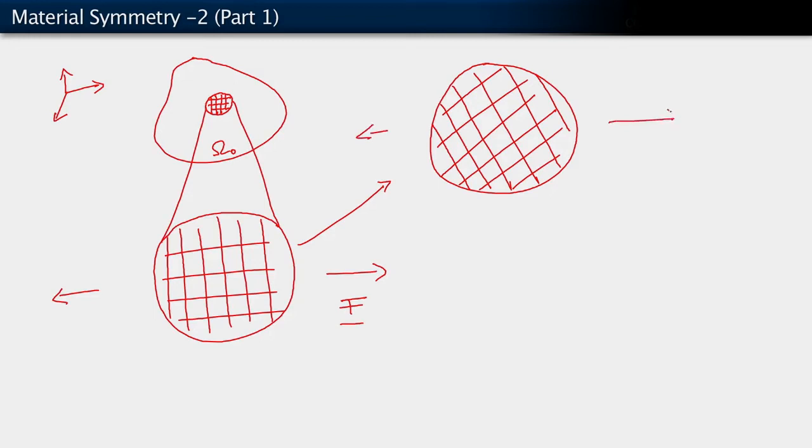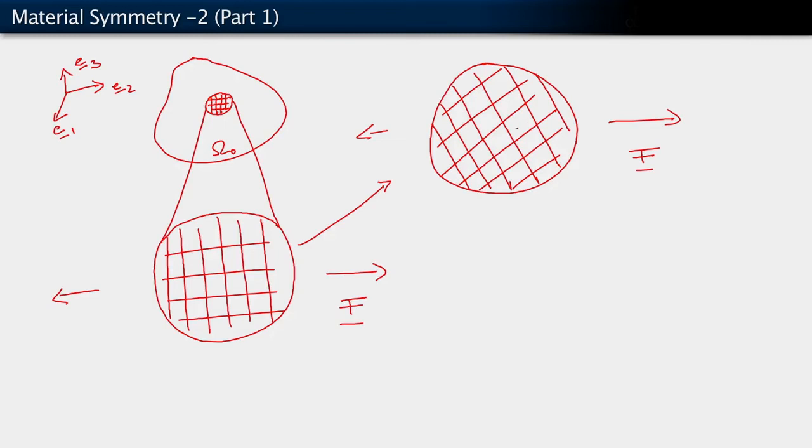Observe that F is still defined the same way relative to my basis E1, E2, E3. These are the walls of your room. This represents your experimental equipment. That is still going to stretch the material the same way relative to ambient space, but not relative to the microstructure of the material.